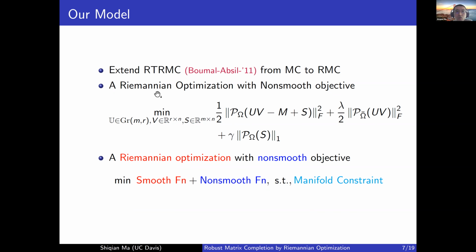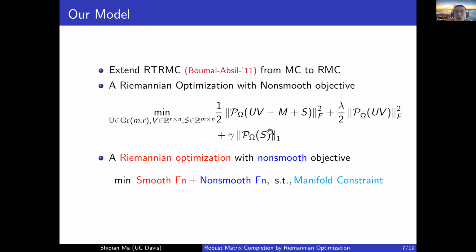So now let me propose our model. Our model is given by this. You can see that this part is the same as the RTRMC model for the matrix completion problem. The only difference is that here we have a sparse matrix. Because we want M to be equal to the low rank matrix plus the sparse matrix, we penalize its residual.